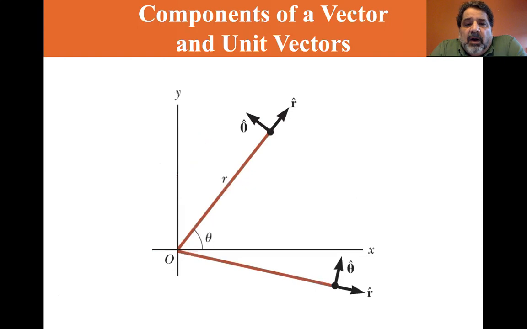So R hat is the unit vector radius. The magnitude R might be 5, so 5 R hat would be 5 in that direction. Now theta hat is just a direction. I'm not going to use this much. I don't see much point in using it, but we will use the IJK.